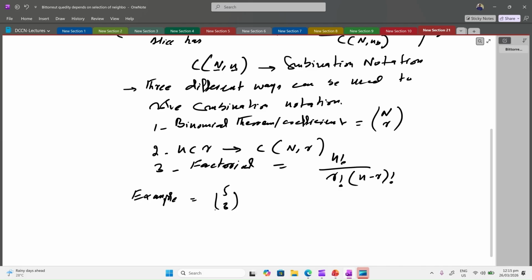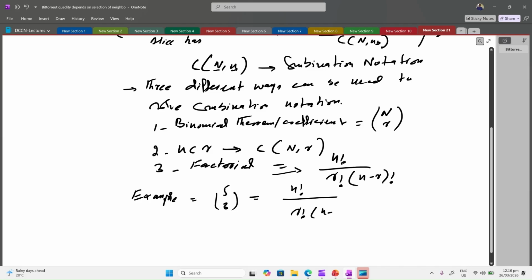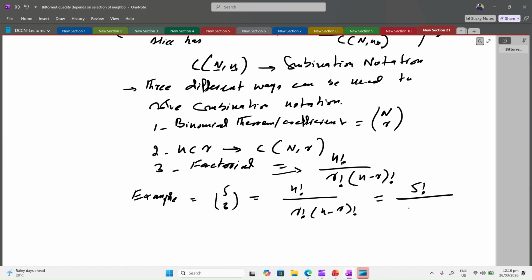So I can solve it using the factorial formula. So n is 5, 5 factorial divided by 3 factorial into 2 factorial.